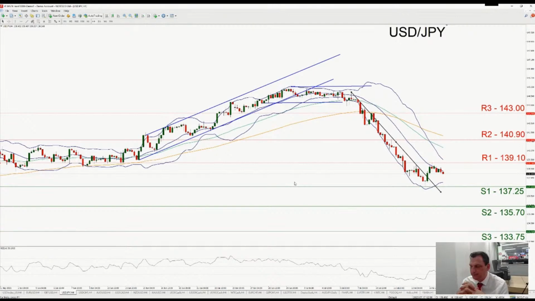On the other hand, should the bulls take over, I would require no lower peak than this one. I would require the pair to rise, break the R139.10 clearly, have its next peak somewhere here, and start aiming for the R240.90.